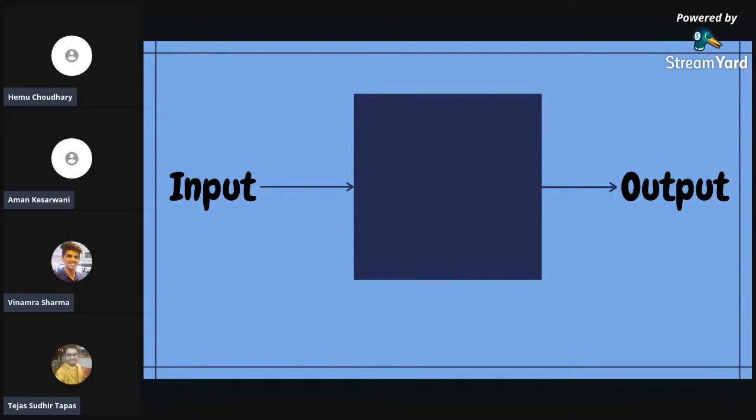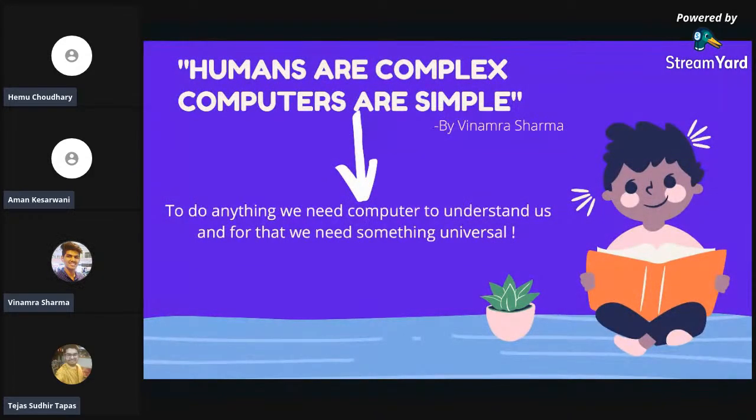So now, explaining this more, humans are complex, computers are simple. For us humans, every action is slightly different, and we cannot really predict what a human's action would be after a particular input. For example, if I ask you your name, the input is the same for everyone.